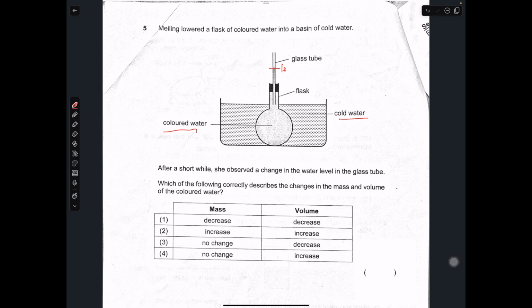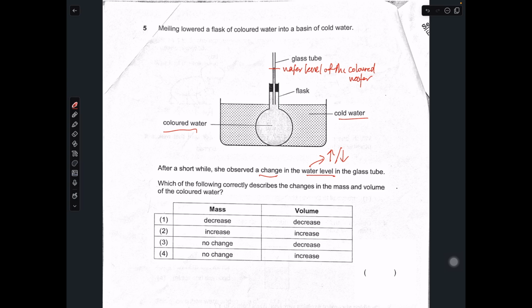This is the water level of the colored water. After a while, she observed a change in water level. This change can be increase or decrease.